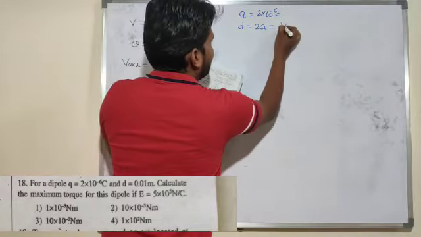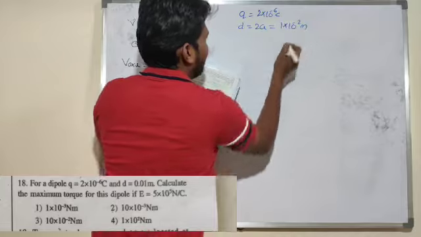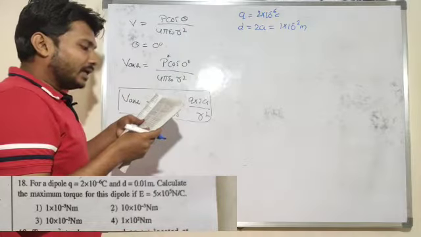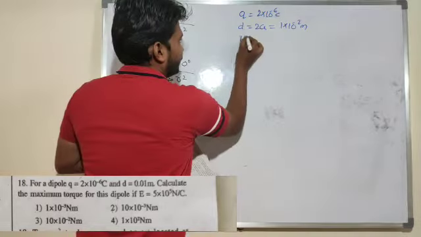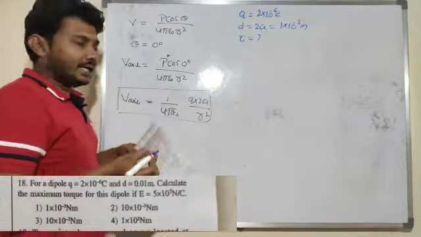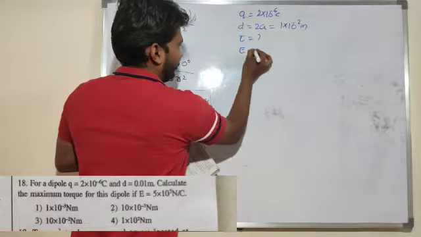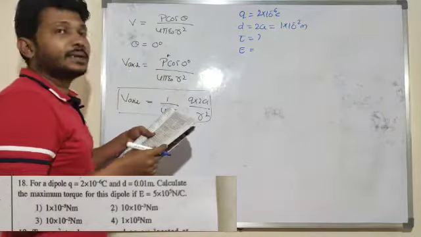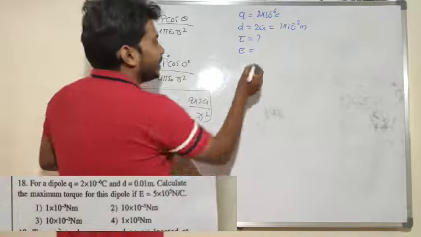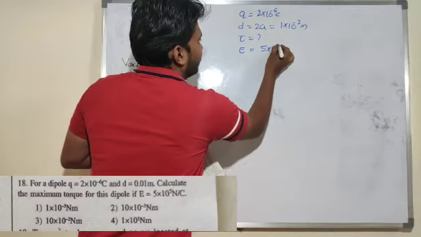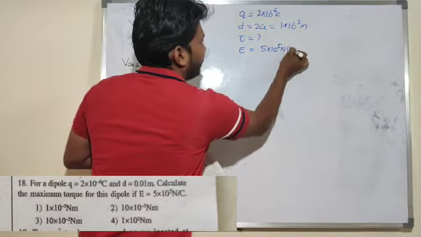So shall I take it as 1 into 10 to the power of minus 2 meter here? Calculate the maximum torque for this dipole. Which thing do I need to find out here? Maximum torque for this dipole, and this dipole is placed in an external electric field whose magnitude is 5 into 10 to the power of 5 Newton per Coulomb.